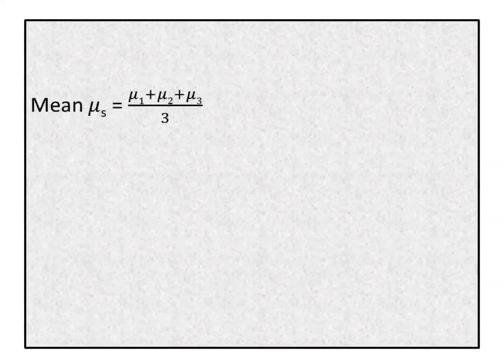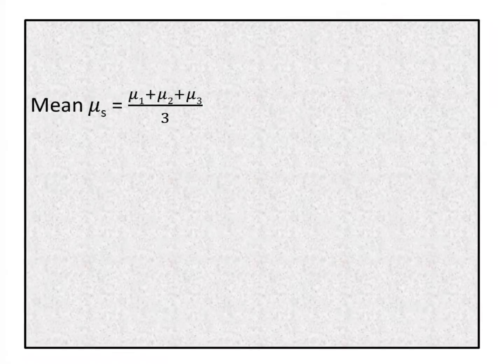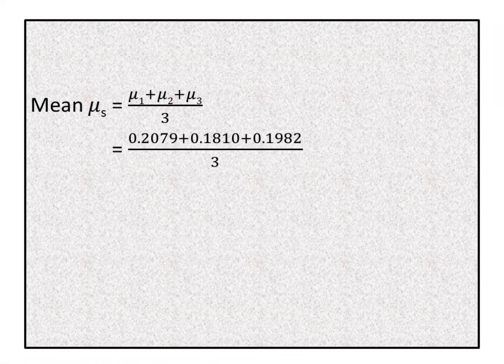Now we'll find the mean mu(s), which is equal to mu1 plus mu2 plus mu3 divided by 3. So we know the value of mu1, which is 0.2079, plus mu2, that is 0.1810, plus mu3, 0.1982, divided by 3.